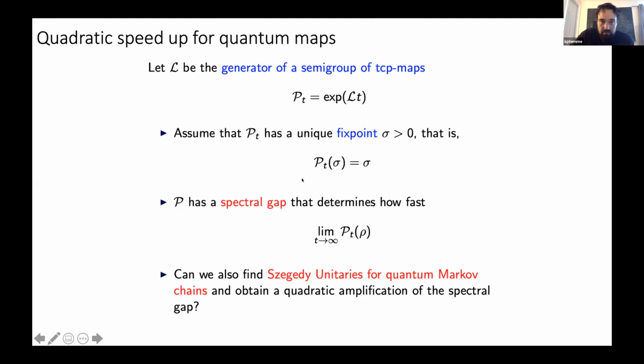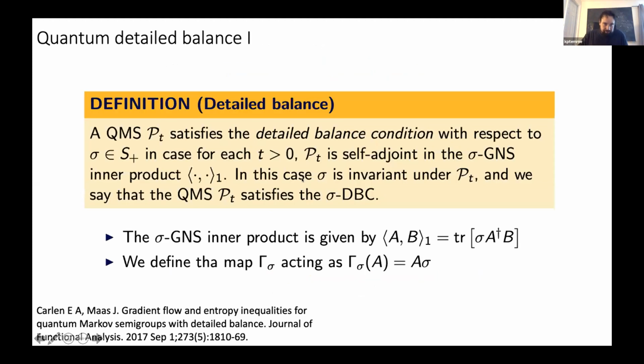Okay. All right. So what we need is some notion of detailed balance, and what we found practical to work with is, I mean, there are many definitions, but there's a recent paper by Carlen and Maas that gives a nice insight into this. They define detailed balance in terms of the sigma GNS inner product, and that's the definition we're going to be using.